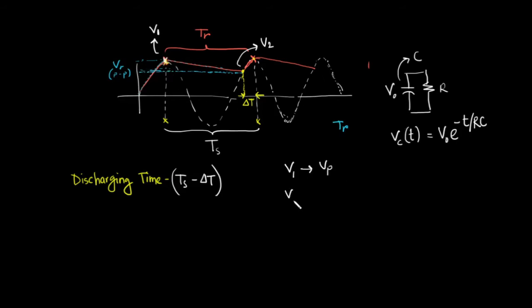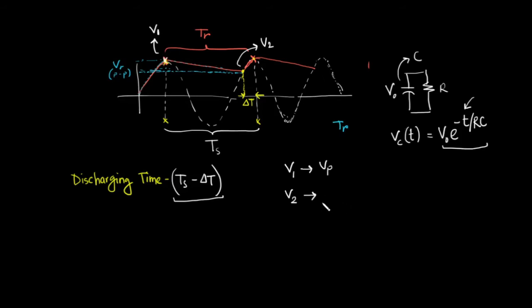And what is the value of the voltage V2? Well, we will just use this formula here and put in the value of the time. So how much time has passed after the capacitor has started discharging? Well, this much time has passed, right? So we will just put in this value.